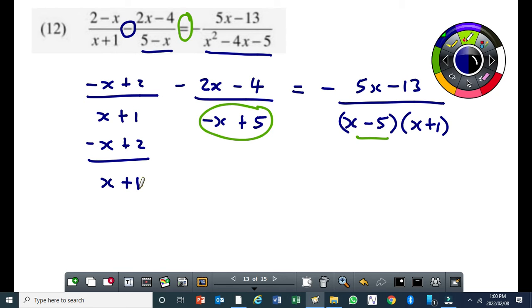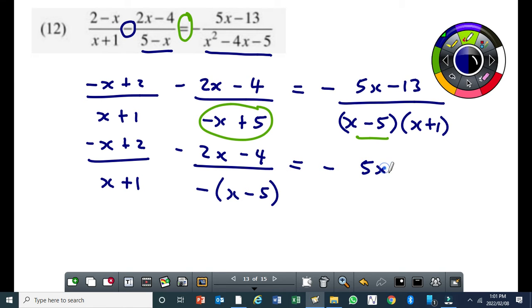Now, if I factor out minus 1, this will become minus x minus 5. I should have done it in my head, but for the sake of avoiding confusion, we have decided to write it. So now I'm showing every step, so that by the end of this lesson, you can say, now I know what to do.